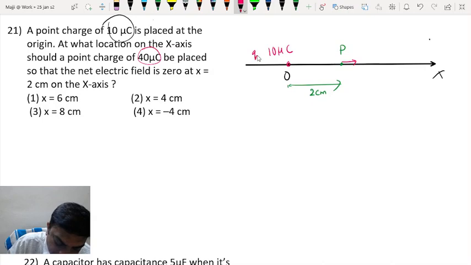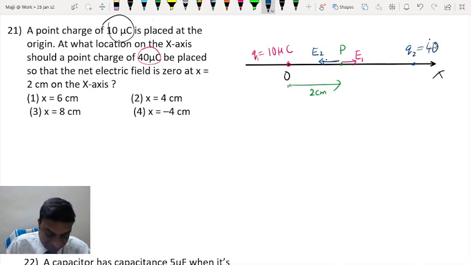I'll take this as Q1, so I'll write this as E1. In order to have zero electric field, the field due to the other charge must be opposite to this, so the charge must be placed somewhere to the right of point P. So we have to find x.